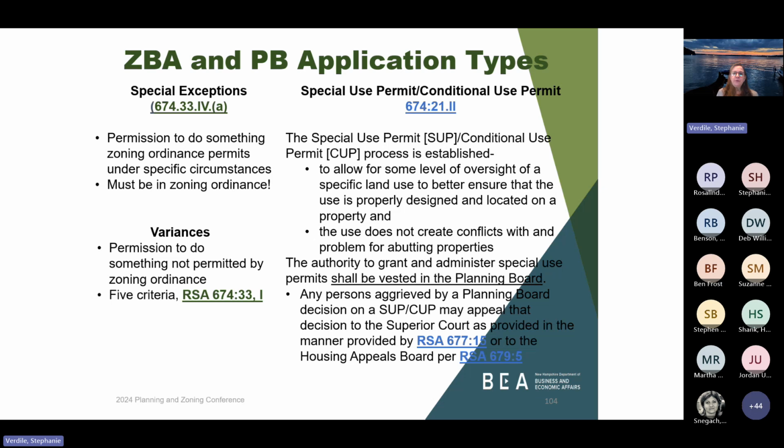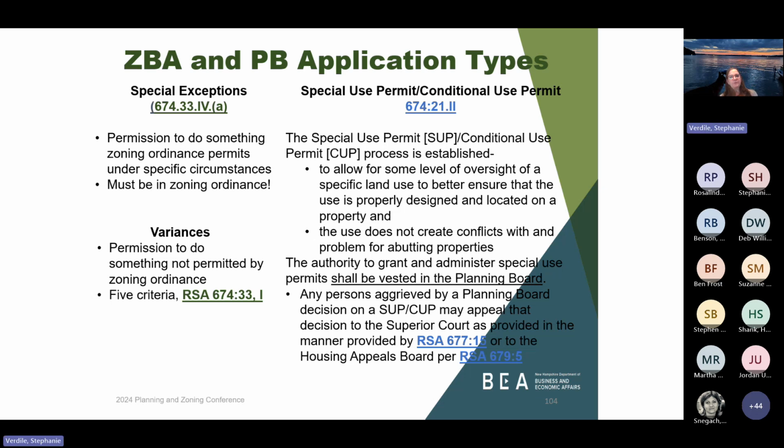So an example of a special use permit or a conditional use permit could be, in my experience, I've seen some where if you want to have a shared driveway, then you need a special use permit. Or if you want to have a driveway that's going through wetlands, it's a special use permit because that specific property needs a little extra guidance. It needs a little extra review threshold through that.